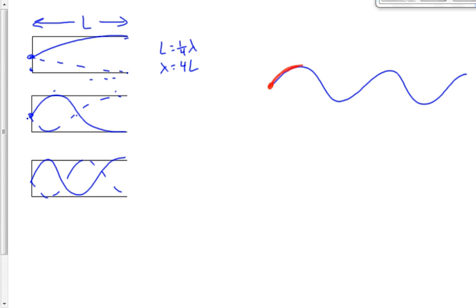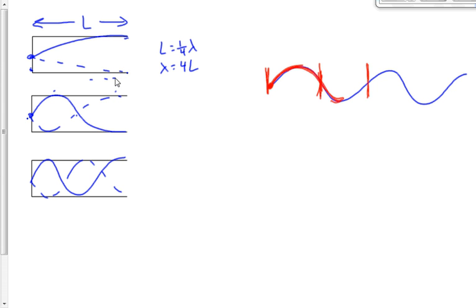What about the next one? So we're going from here down to here. How much of a wave is that? No, this would be a half, right? How much is that? That's going to be 3/4 of a wave, right? Half of a wave. This would be a full wave. We're going 3/4 of a wave there.